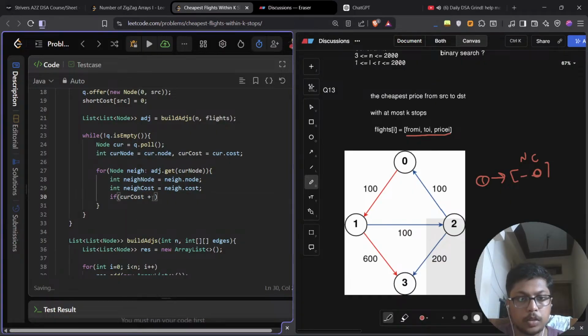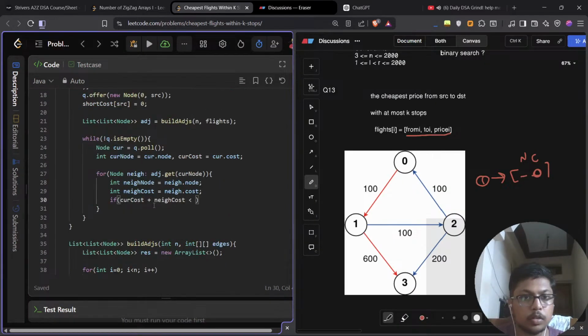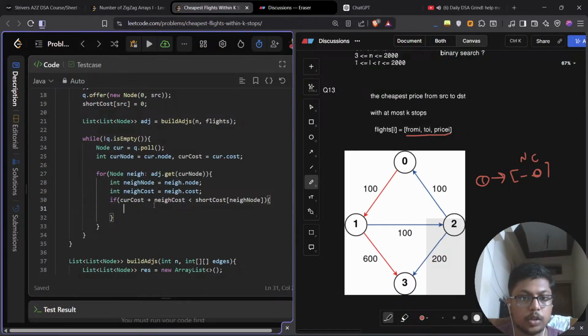So it becomes something like neighbor cost. If this is less than what we have said, the cost of this neighbor node, then I need to change that. What I should do? I'll try to update the thing.